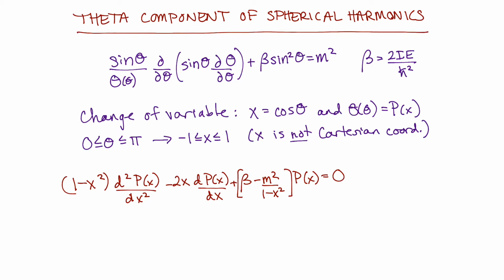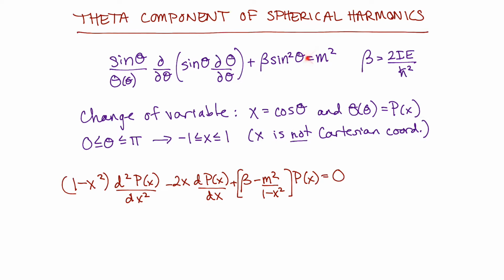Once you perform that change of variable, you can derive the following equation from our equation that we started with up here. If you are up for a challenge, you can feel free to take a minute and see if you can actually do that derivation with the change of variable.